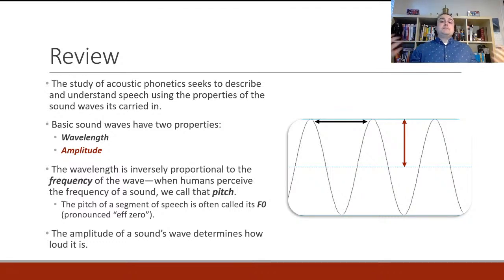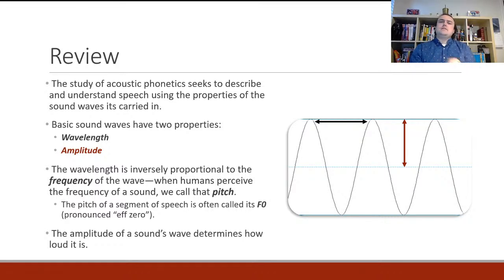Humans perceive frequency as pitch, and pitch is important in all kinds of ways to language. So that's the first thing that is really going to matter to a linguist if we're talking about these sound waves: the overall pitch of a wave. What we call that in phonetics usually is F0.